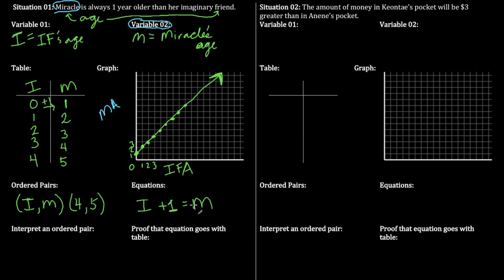I'm going to throw something in here also, though. Miracle's age is equal to the imaginary friend's age plus 1. So I want you to write 2 equations here, this first one and the second one.